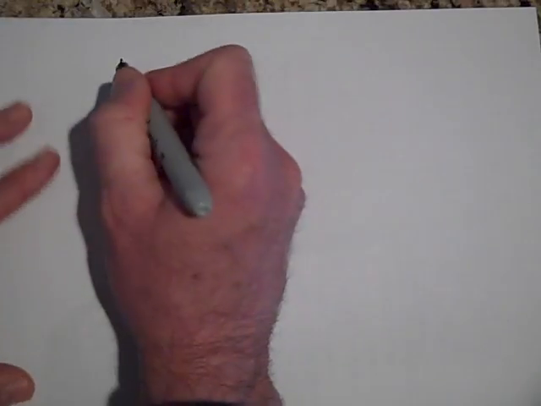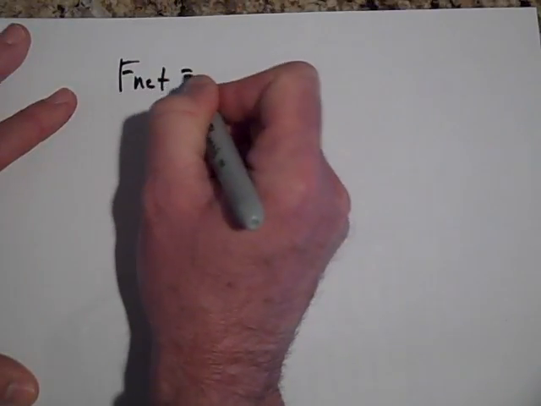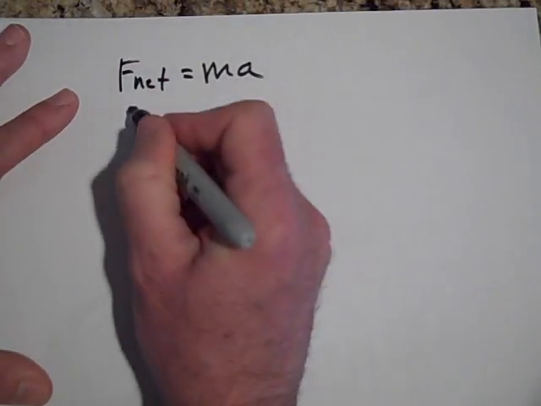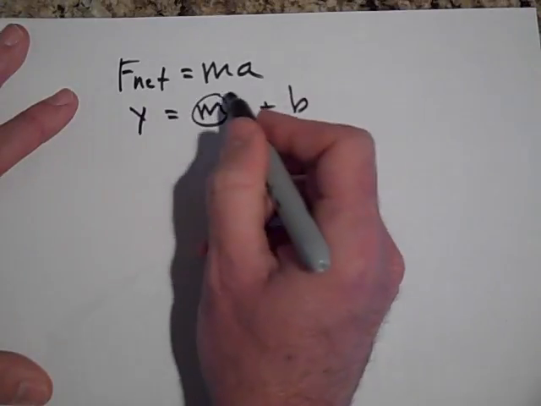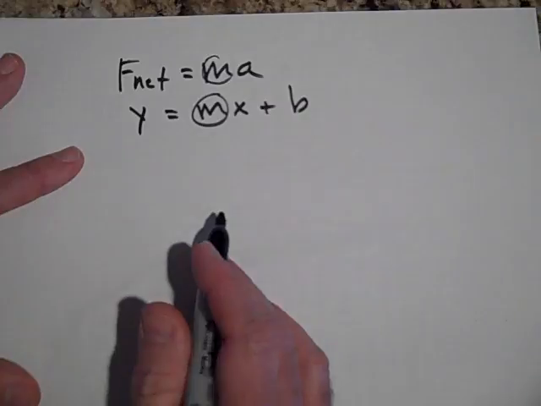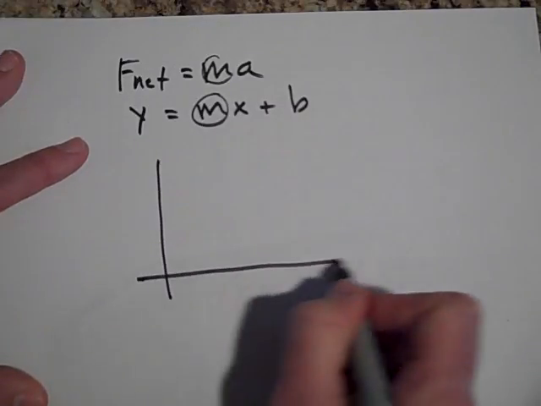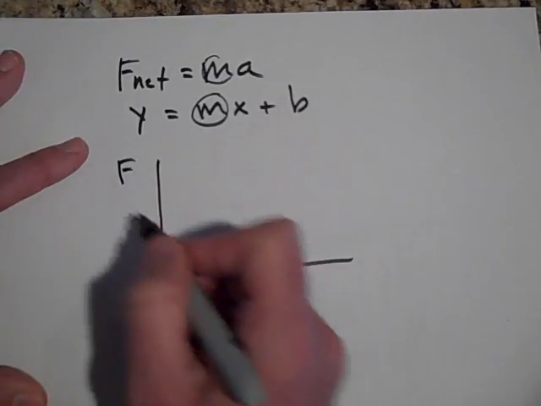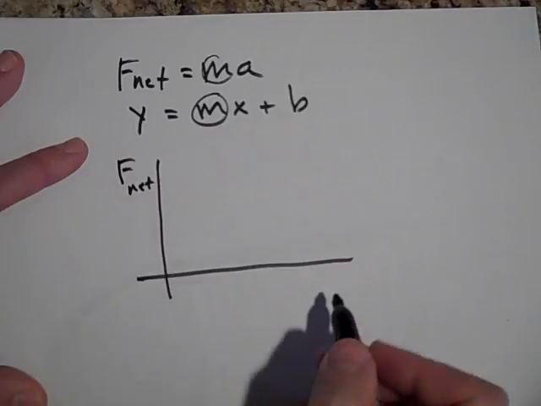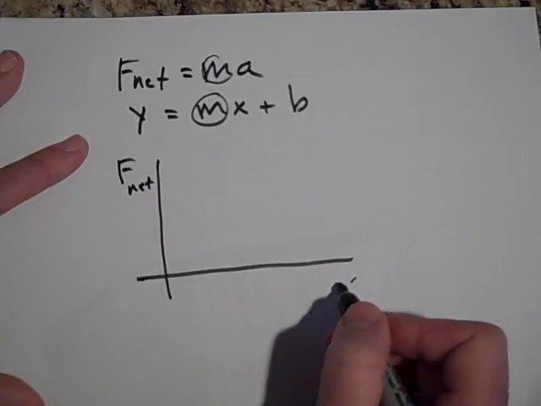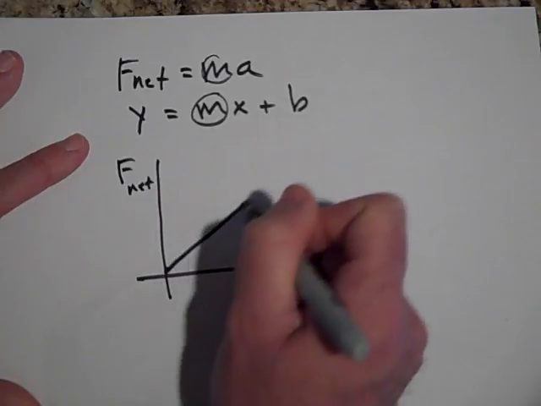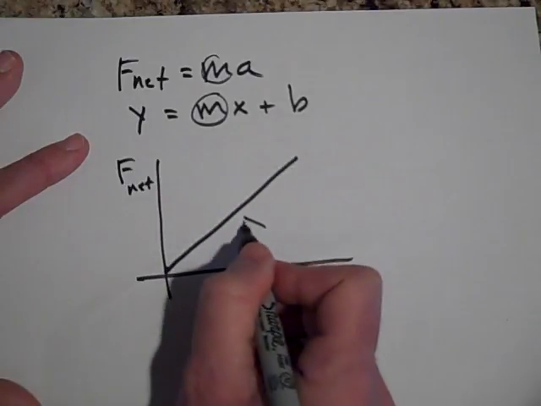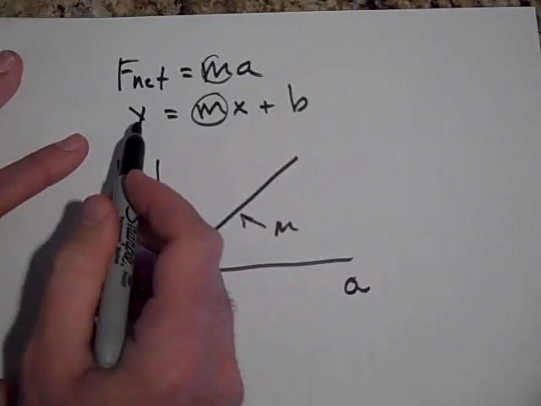F net equals ma. So using this equation, y equals mx plus b. Oh, this is slope, and that's mass. So if I were to plot f net and acceleration, then the slope of this graph would be the mass.